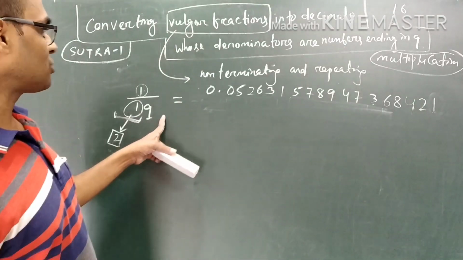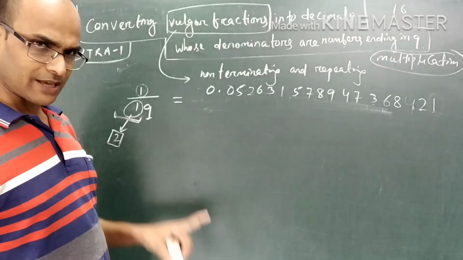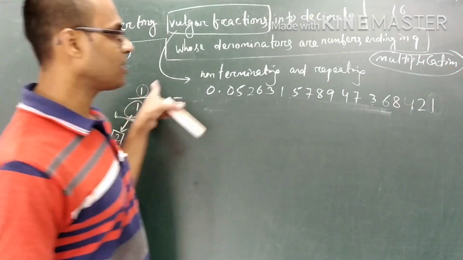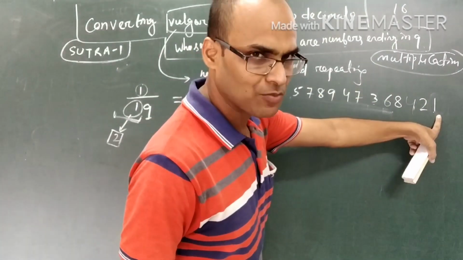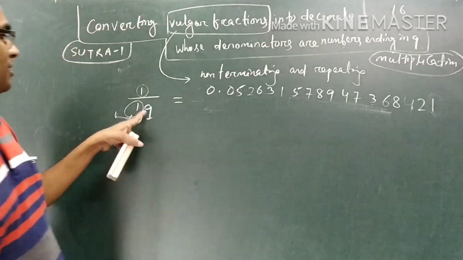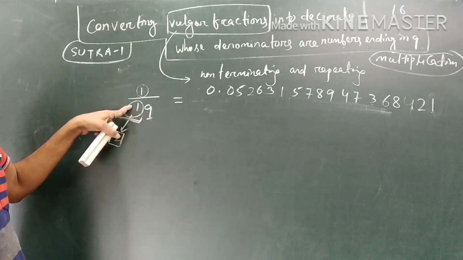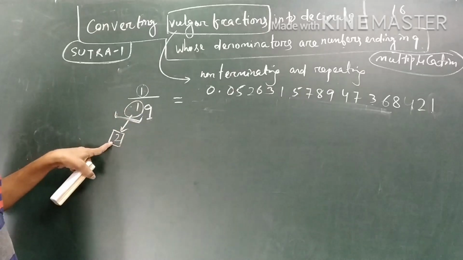Hope you understood the method. Again, whatever the numerator, you write it in the rightmost position. Whatever the number except this 9, you add 1 to it, and you get 2.